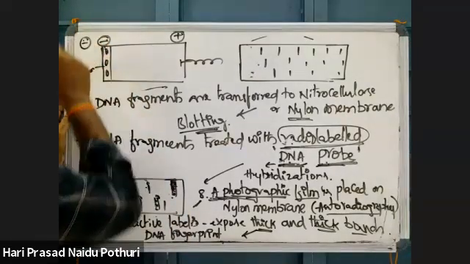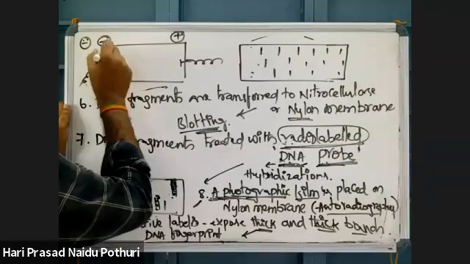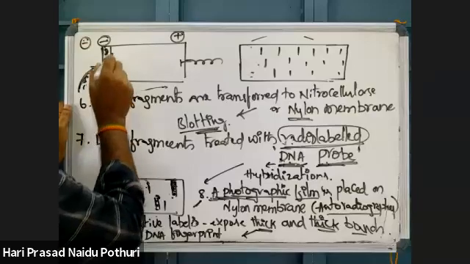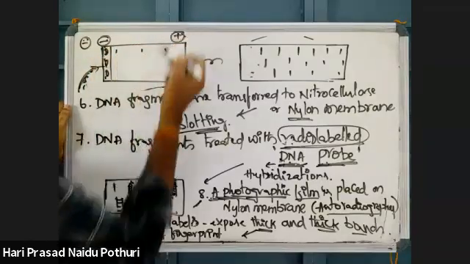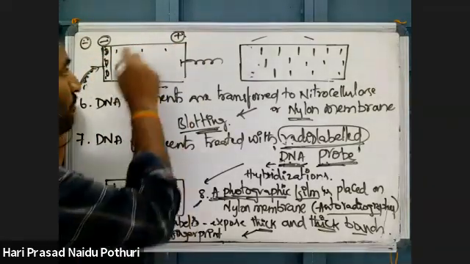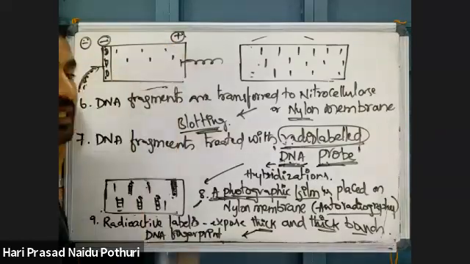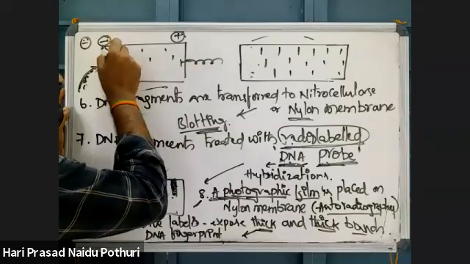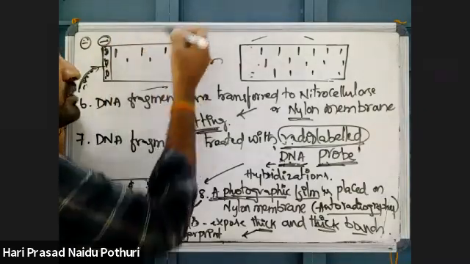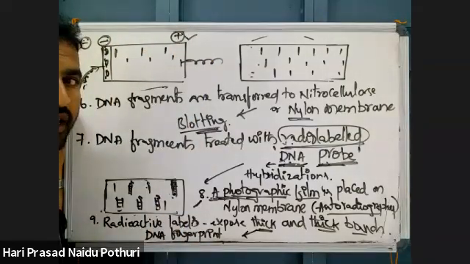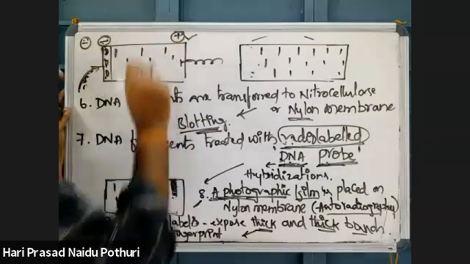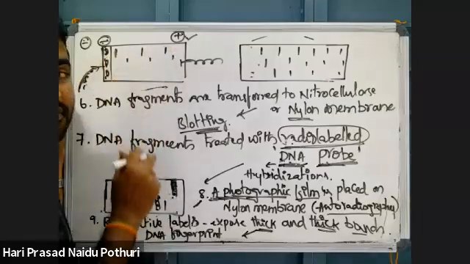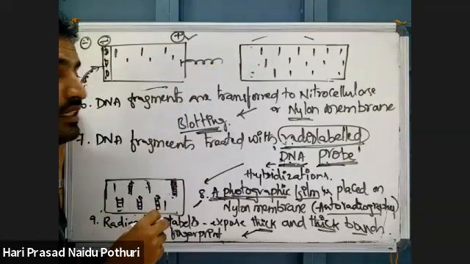DNA is a negatively charged molecule. As it is negatively charged, when electricity is supplied, it will move towards the positively charged electrode, the anode. The rate of movement is based on the size of the DNA.